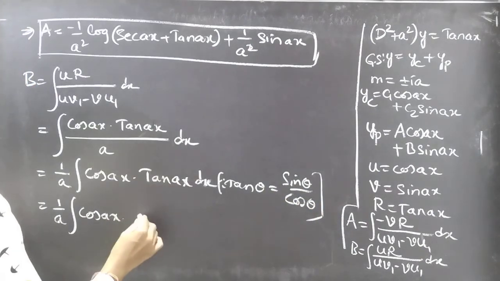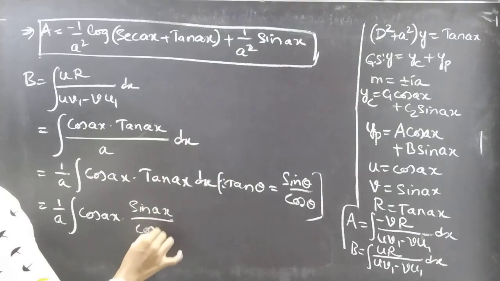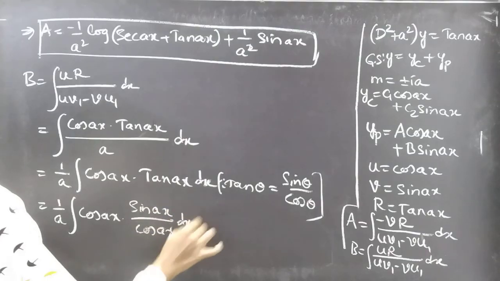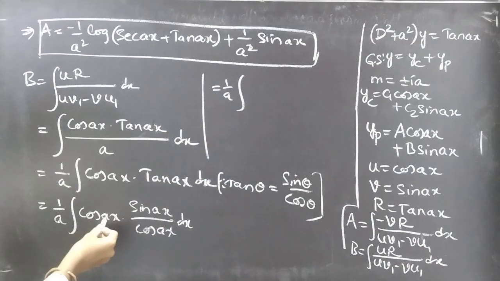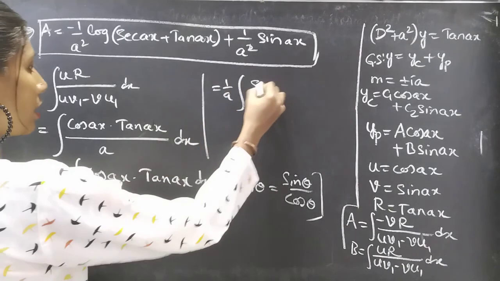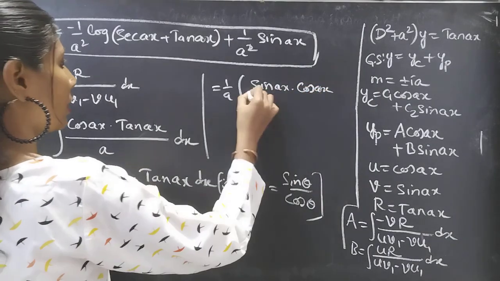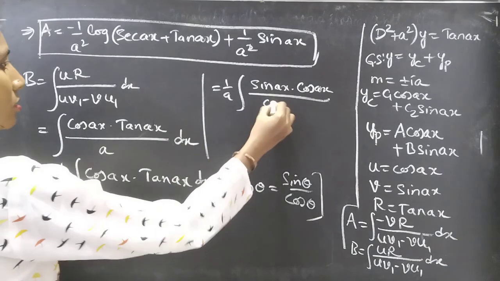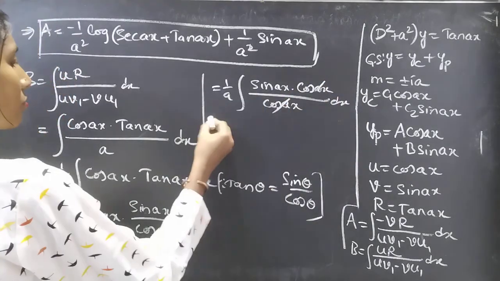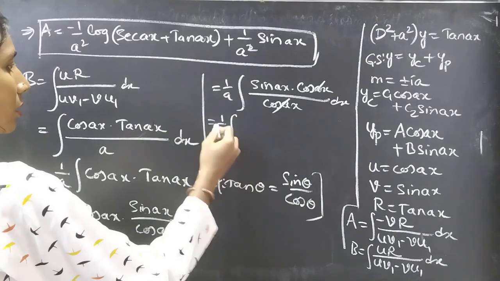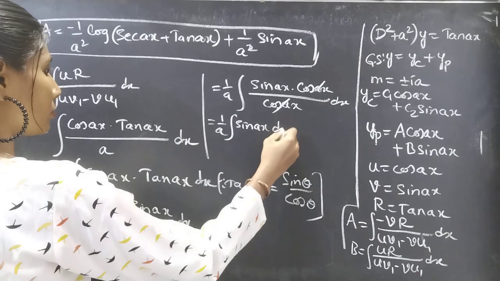So we'll replace tan ax by sin ax by cos ax into dx, which is equal to 1 by a integral cos ax into sin ax, or sin ax into cos ax by cos ax into dx. Here cos ax gets cancelled from the numerator and the denominator, we'll get 1 by a integral sin ax dx.